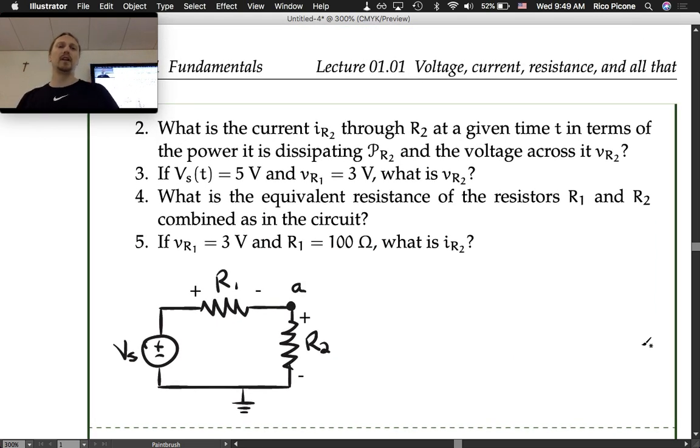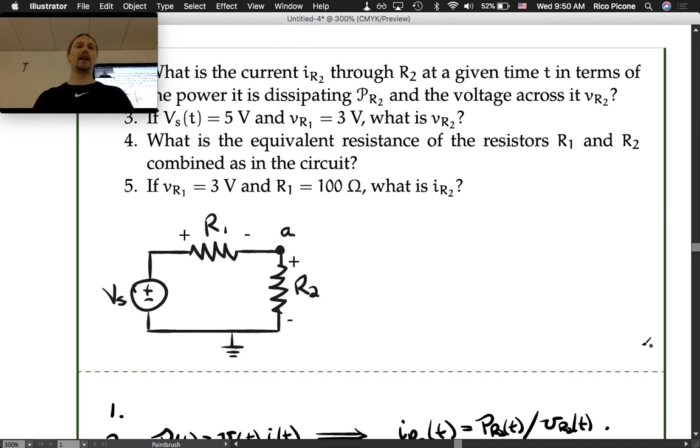3. If Vs, the voltage source, is just a constant 5 volts, what we'll later learn to call a DC voltage source, and VR1 is 3 volts, what is VR2? Vs is 5, VR1 is 3. So you're saying it's 2.